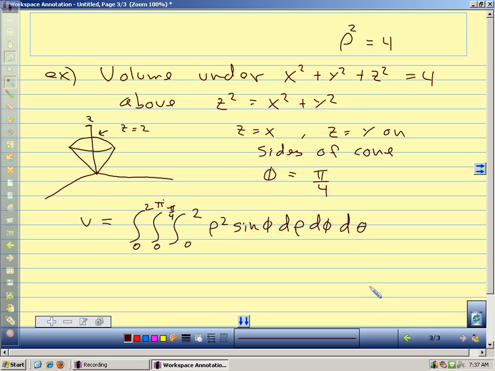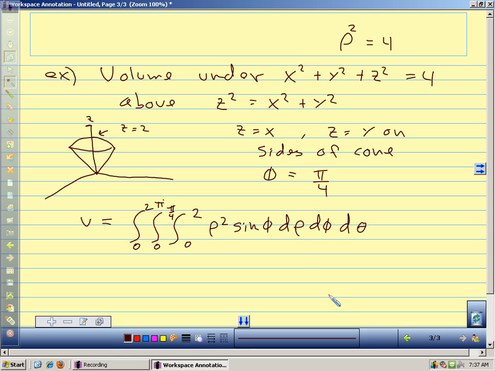So if I'm adding up little pieces, rho goes from 0 and varies up to the sphere, so 0 to 2. But sometimes rho might be a function of phi. It might be a function of theta also, and then you'd have to take that into account when you set up your integrals.